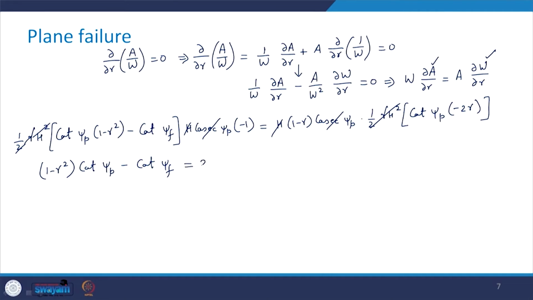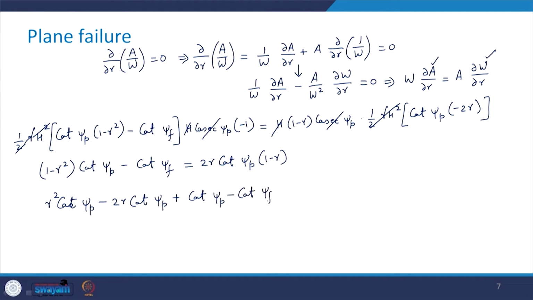This will be equal to 2r cot psi p into 1 minus r. Now, I will just further simplify this expression and we can get this as r square cot psi p minus 2r cot psi p plus cot psi p minus cot psi f, and this is going to be equal to 0.